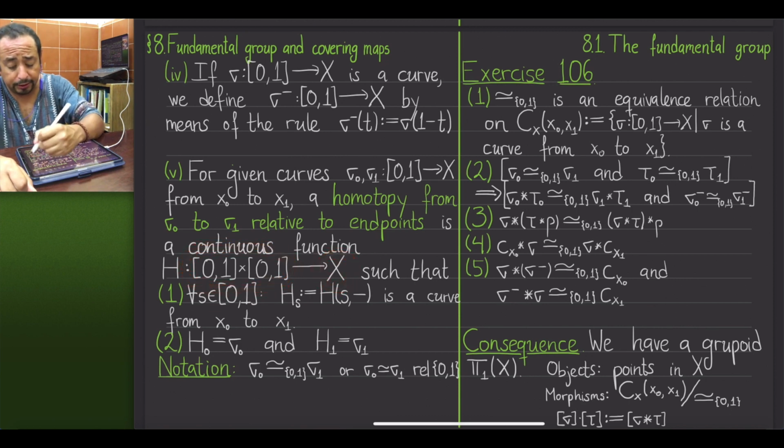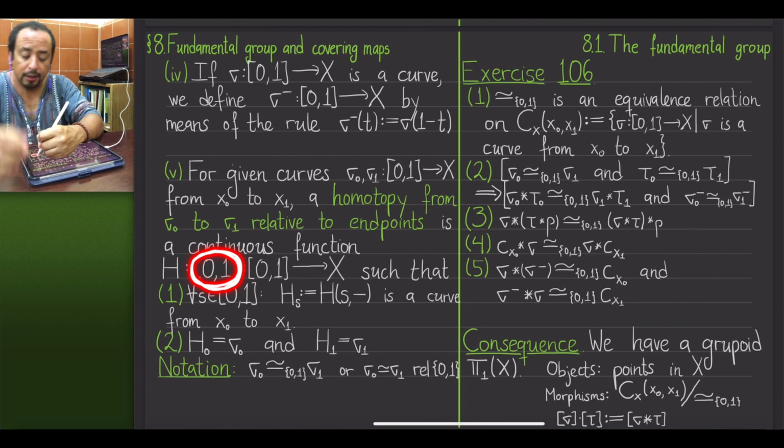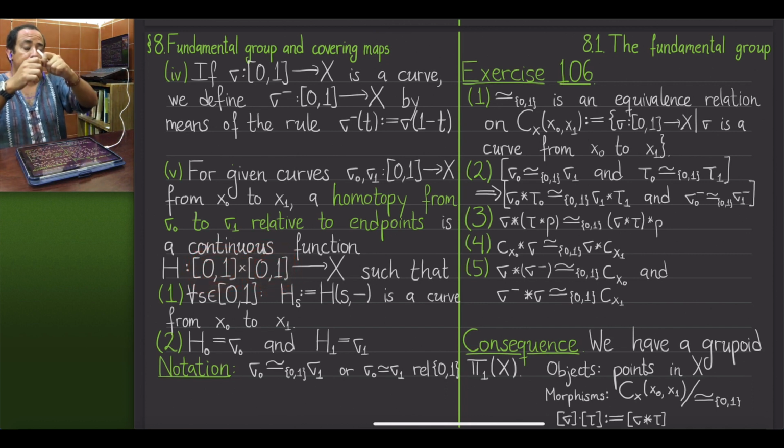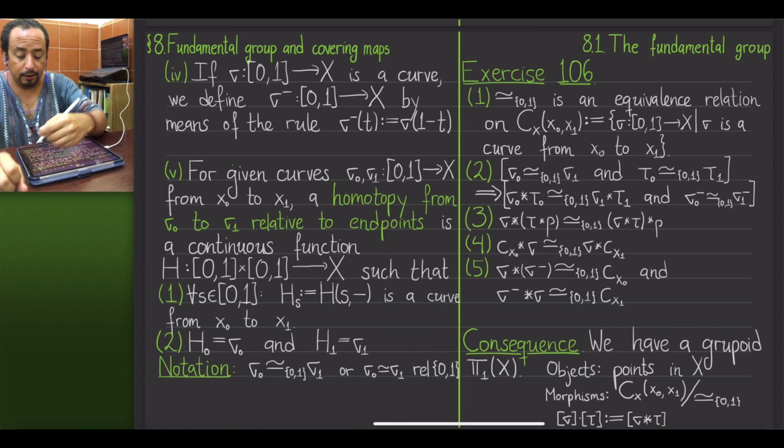And I'm going to think that somehow the first interval is the time parameter, so the time throughout which the deformation takes place, and that the second interval is the domain for each intermediate curve of the deformation. All right.